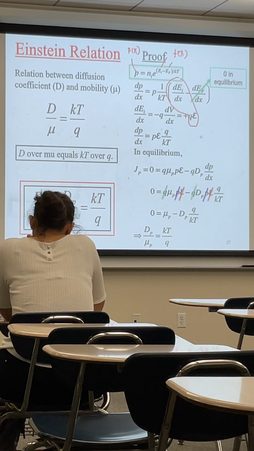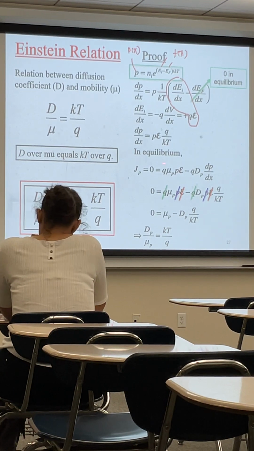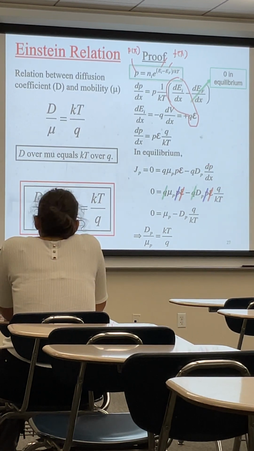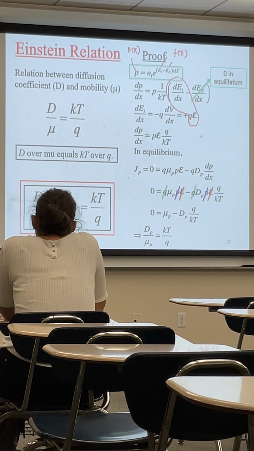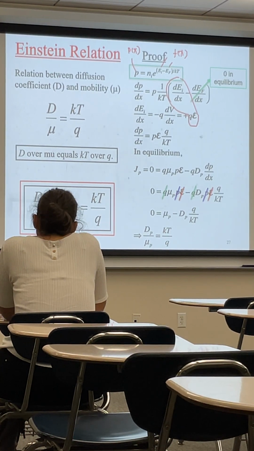And in equilibrium, because everything is balanced, the total hole current, or total electrical current, or total current will be zero. So this expression here will be zero.